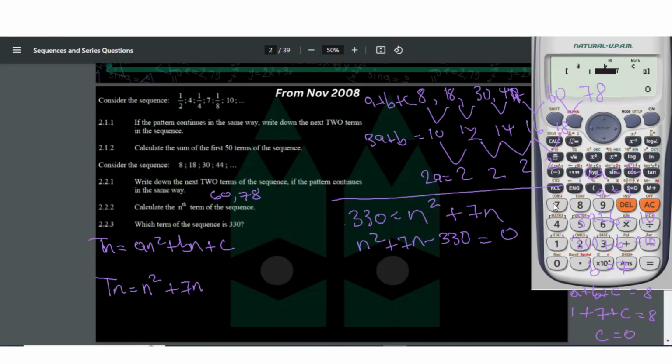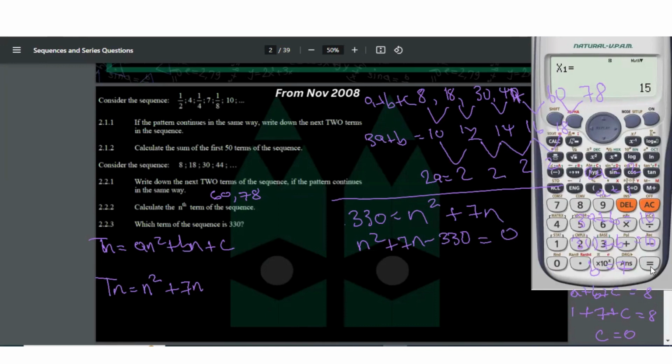For b, I'm going to put 7, and then for c, I'm going to put minus 330. Then I'm going to say equals. And after I've put in these, it's going to give me the x value.